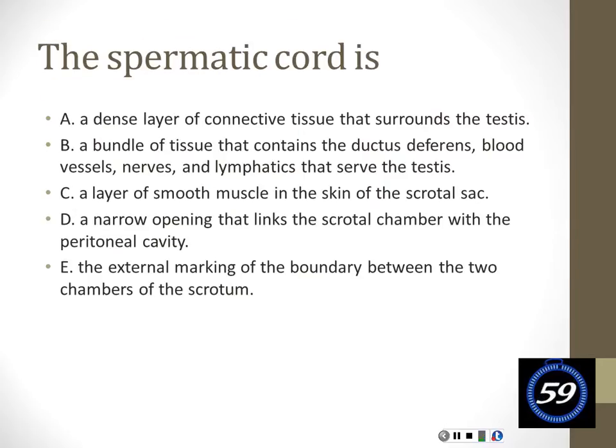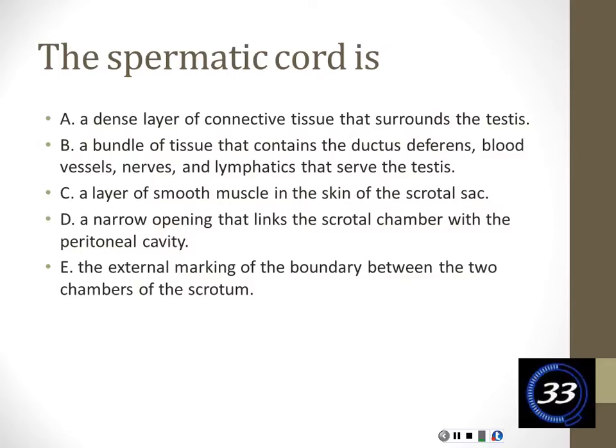Okay, the spermatic cord, what is that? Yeah, I like D. What do you guys like? Okay, so let's look at these. Dense layer of connective tissue that surrounds the testis.